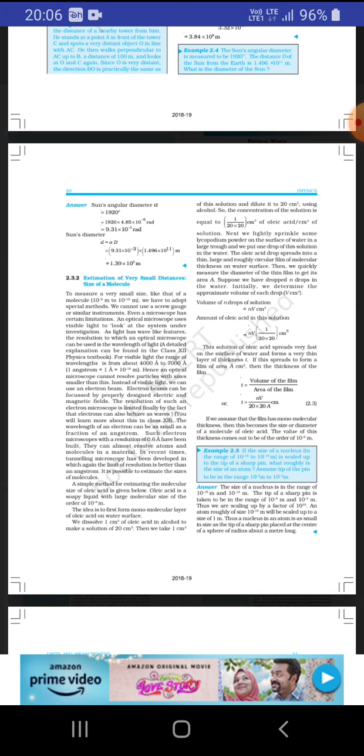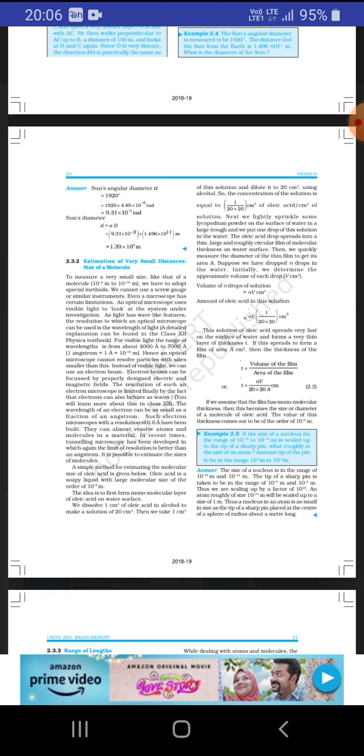Because of the wave-like features of light, the resolution of an optical microscope is limited by the wavelength of light. For visible light, the range of wavelength is from about 4000 A to 7000 A, where 1 angstrom is equal to 10 to the power minus 10 meter.